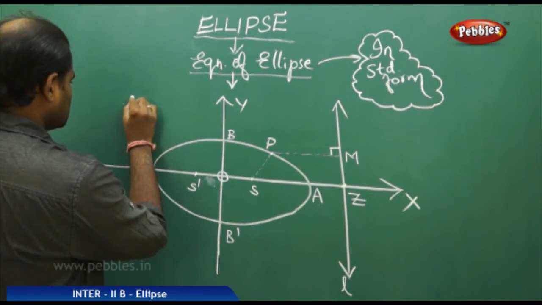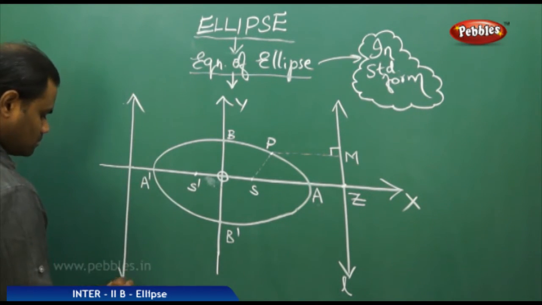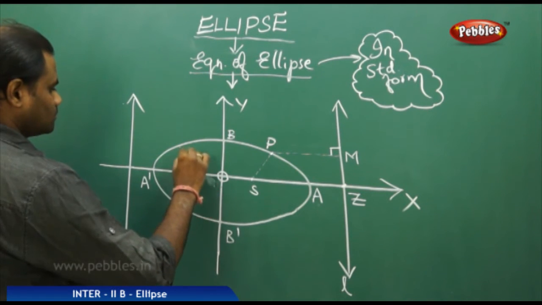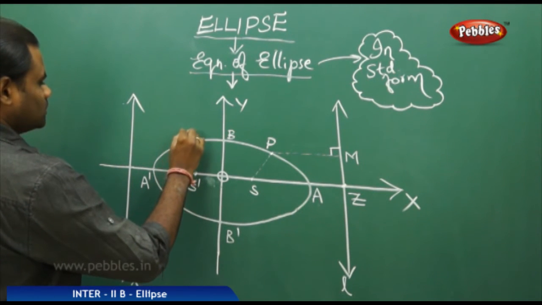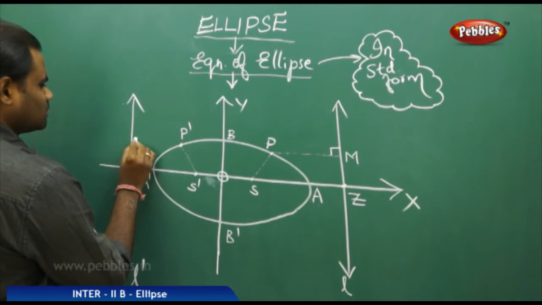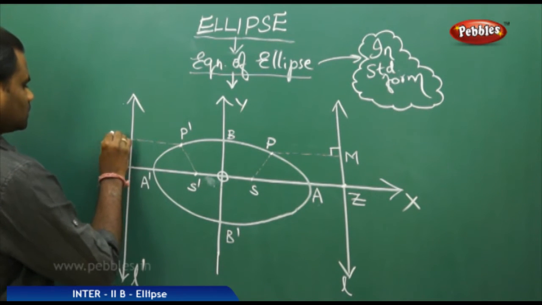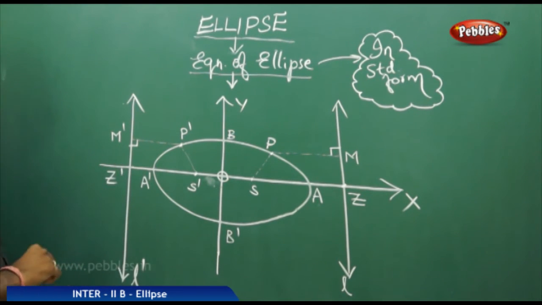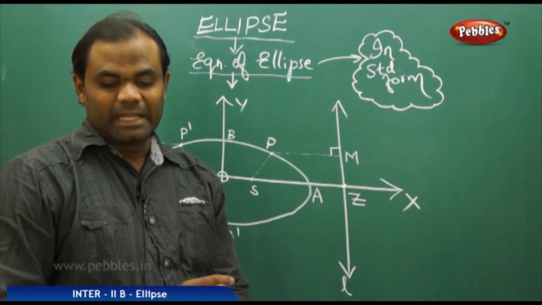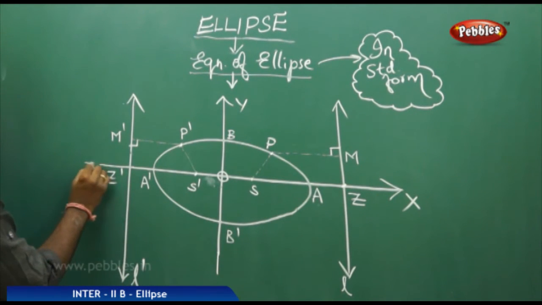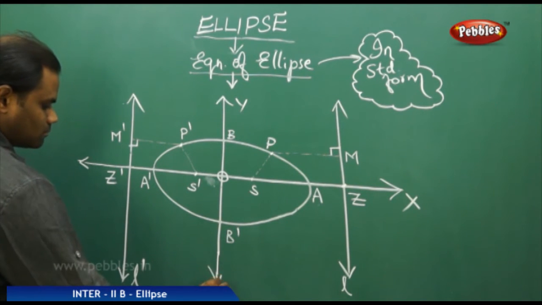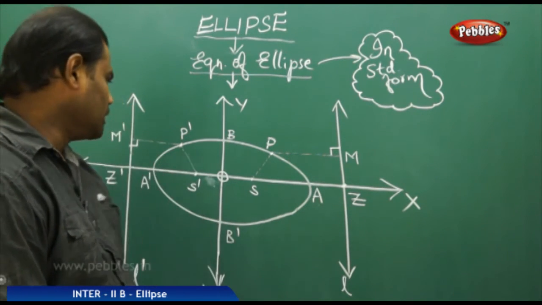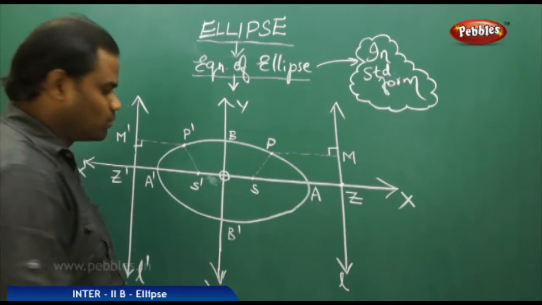Now this is the directrix L dash with respect to point P dash connected with PM dash, and this with Z dash is how we define the ellipse with all its properties.